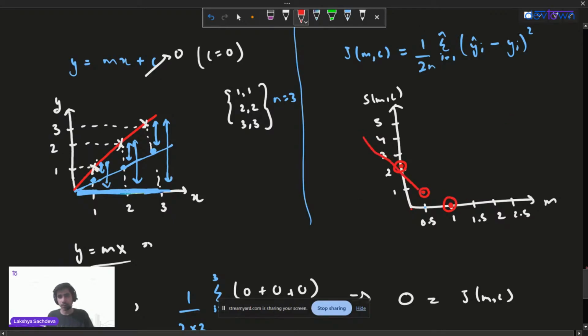When you plot more than 2 or 3 values, at the end you will get a graph somewhat like this. Is this clear, guys?